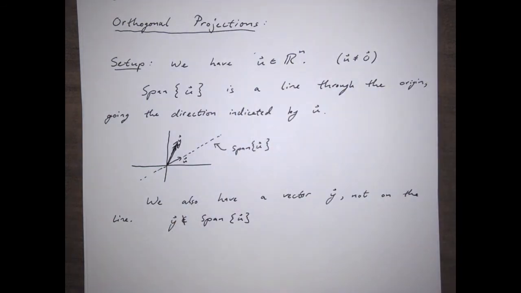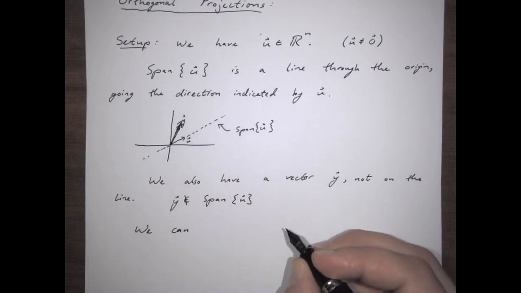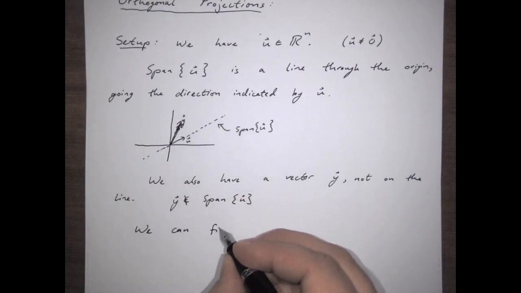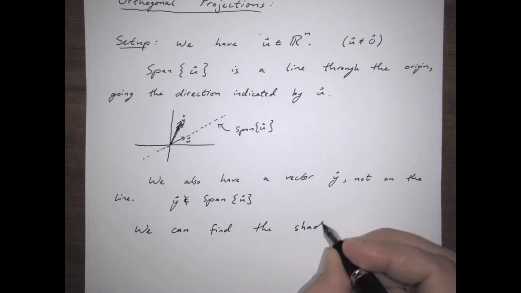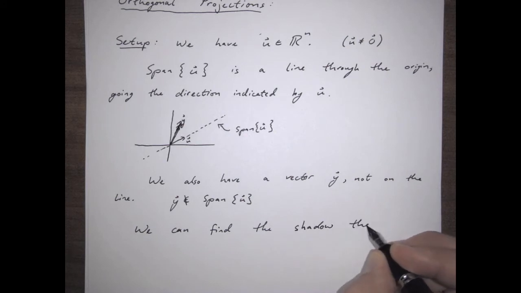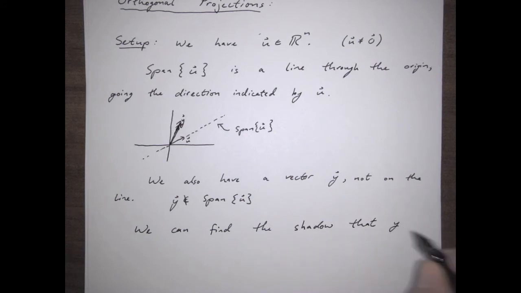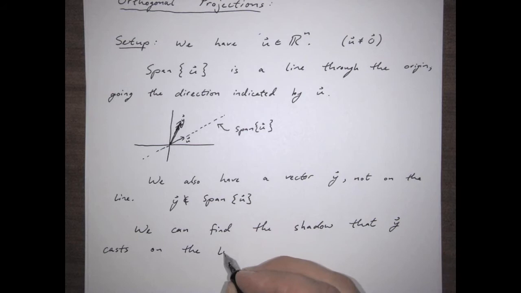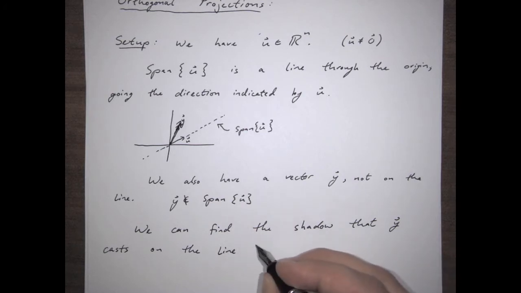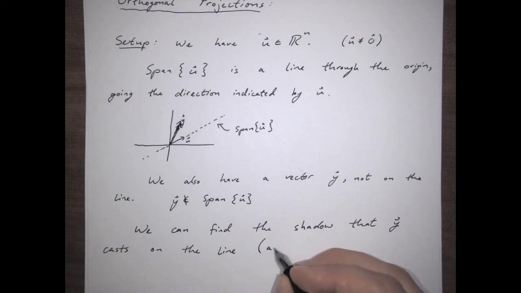So then we can find the shadow that y casts on the line, and by cast on the line we mean at a right angle.